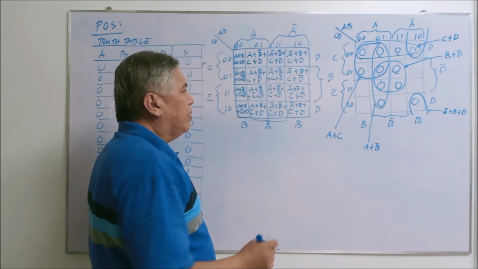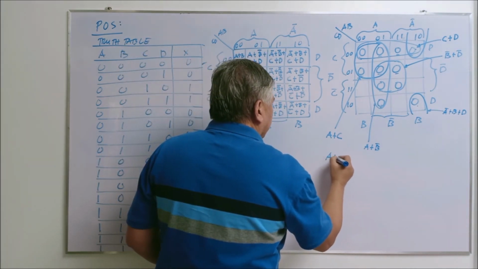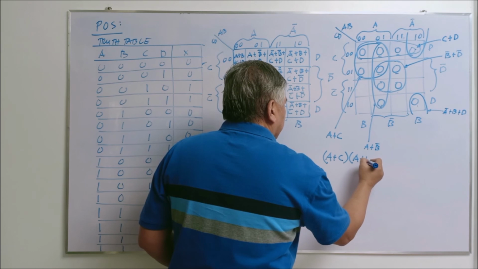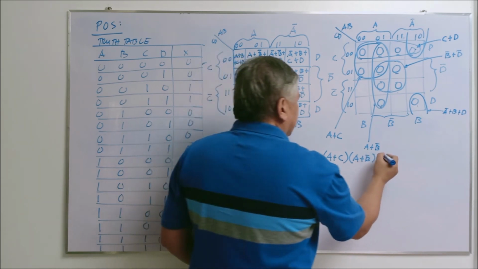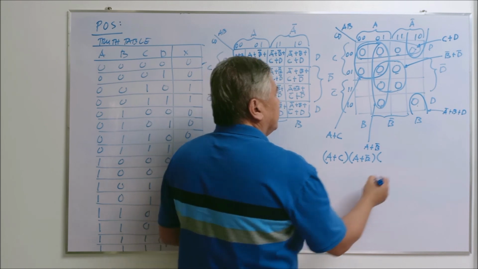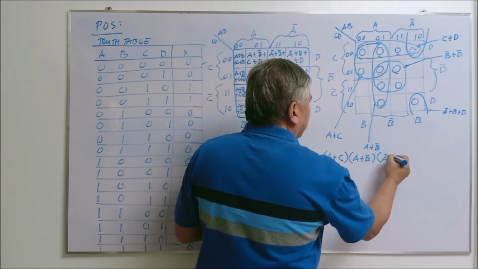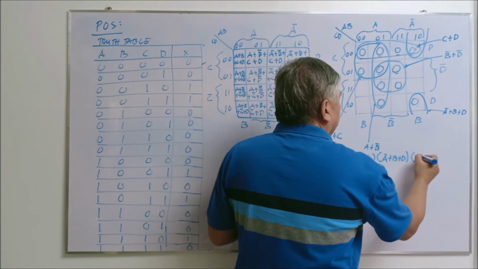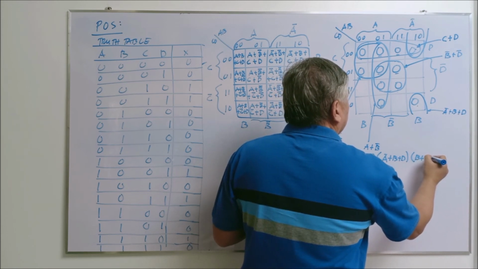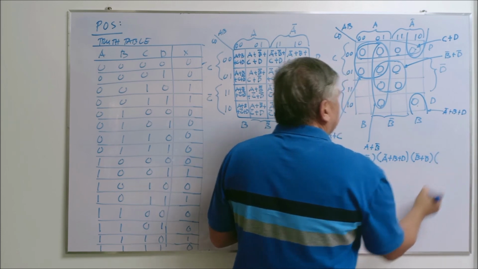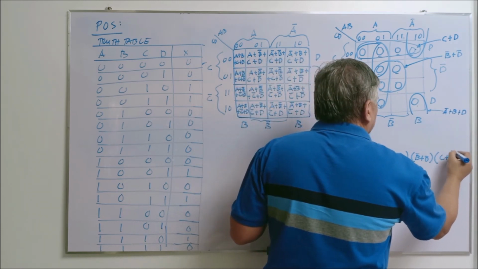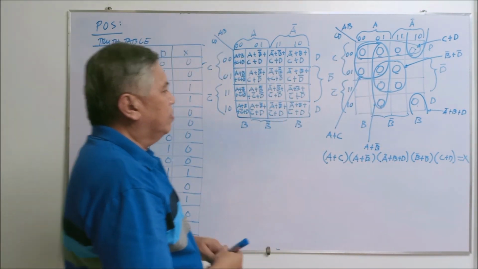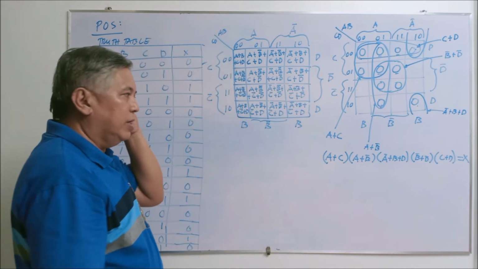Then the final equation will be A plus C times A plus B bar times A bar plus B plus D, another sum term, times B bar plus D bar, times C plus D is equal to X. Okay, so that will be our simplified logical equation.